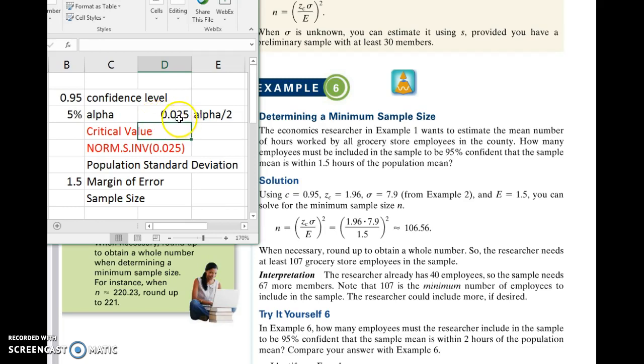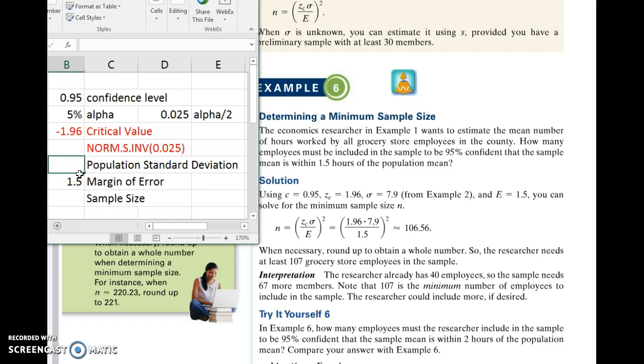So there's 2.5% in each of the tails. And we need to know that to get our critical value. Our z value associated with 2.5% in the tables is given by this formula. So if I put an equal sign in front of that, I get the critical value associated with 2.5% in each tail. Excel always gives the negative value back. We're going to use the positive in our formula.